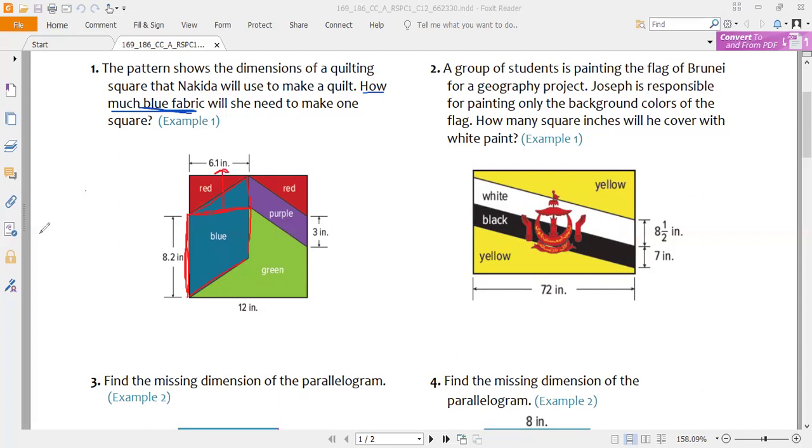So using these two pieces of information, the area can be found by multiplying base and height. So area equals the base 8.2, multiplied by 6.1 that is given above. That's what we call the height.